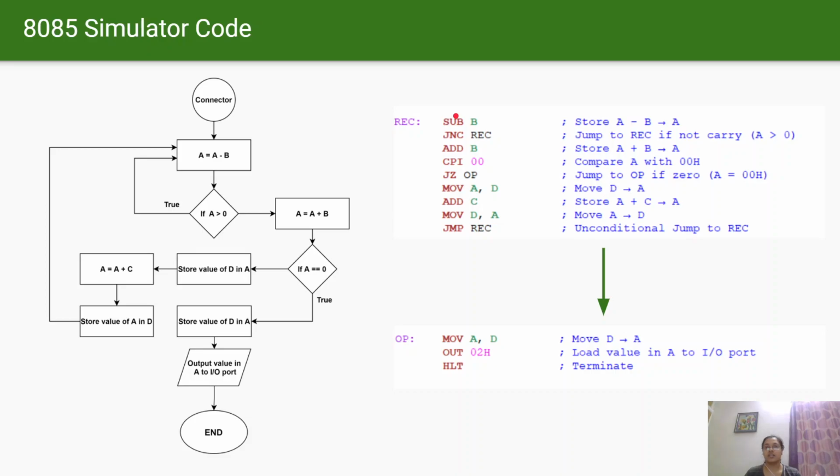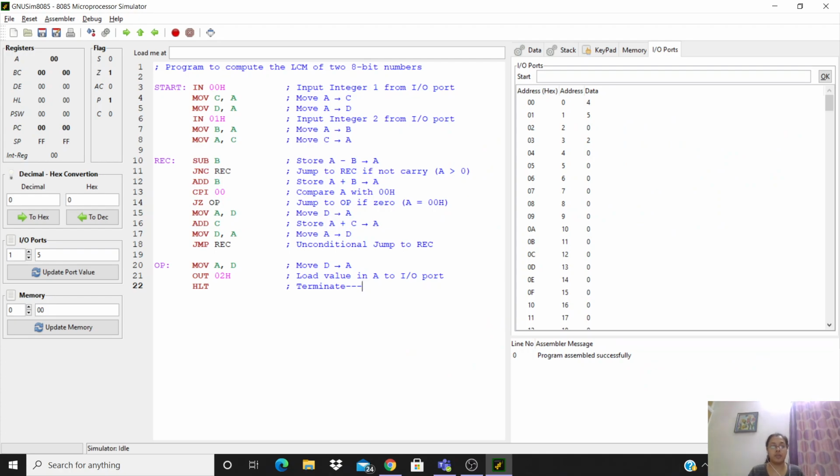Now we'll see the GNU simulator code running for a particular example. This is the GNU simulator, and this is exactly the code that we just discussed along with the flowcharts. The first integer that we will be using is 4, and the second integer is 5. So we'll be calculating the LCM of 4 and 5. The expected value is 20, as we know from normal algebra.